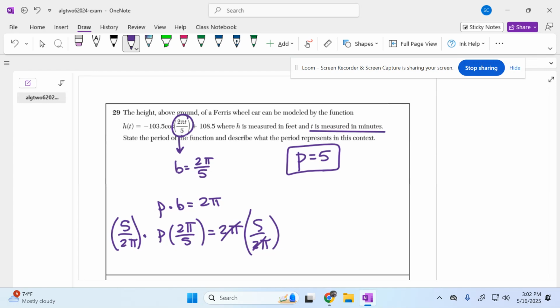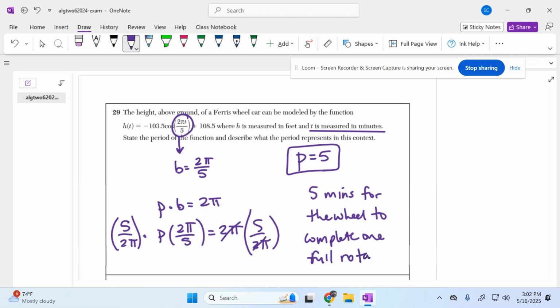So that means it's going to take 5 minutes for the Ferris wheel to complete 1 full rotation. Notice I'm trying to use a little bit of context in my answer as well.